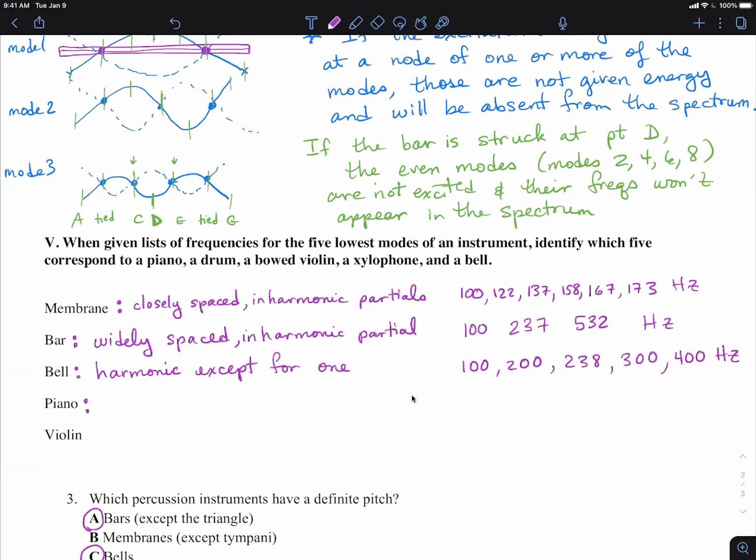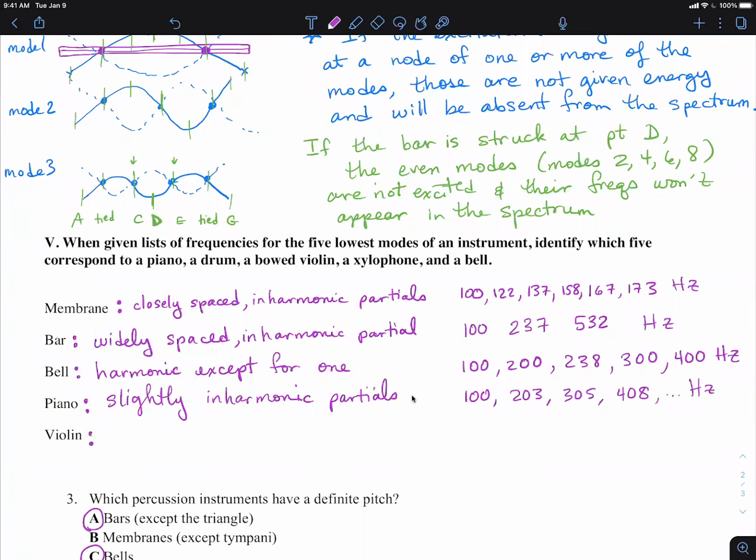Piano can be described as having slightly inharmonic partials. Something like 100, 203, 305, 408, etc.